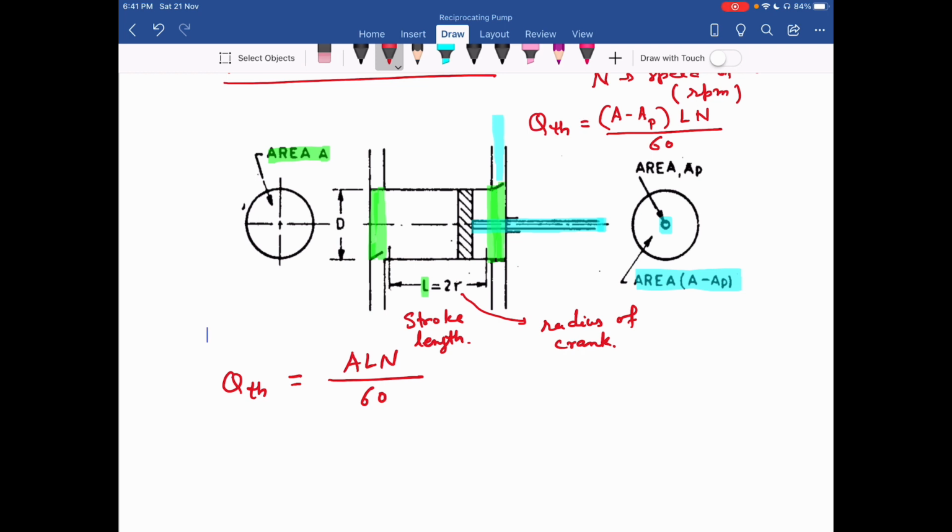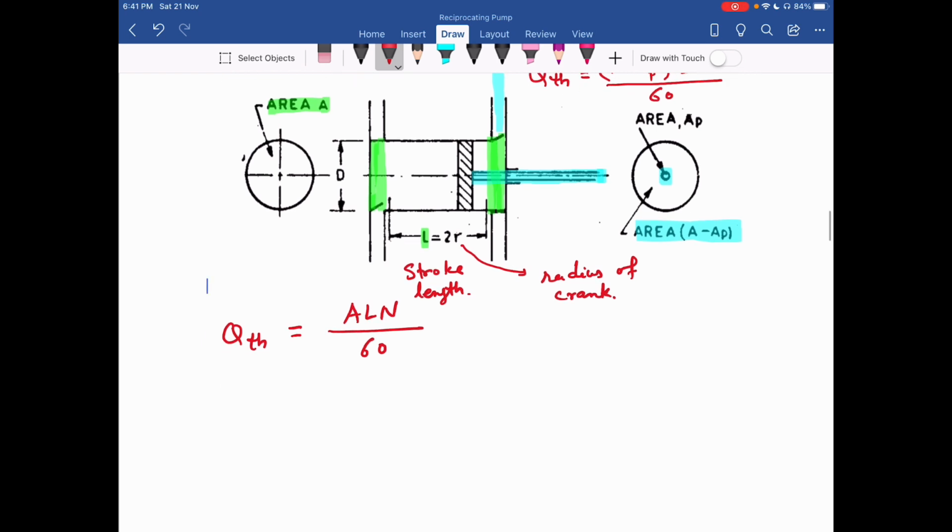Now if I talk about the total discharge during one cycle, that discharge becomes Q theoretical, discharge per second, I can write as ALN divided by 60 plus (A minus AP) LN divided by 60.